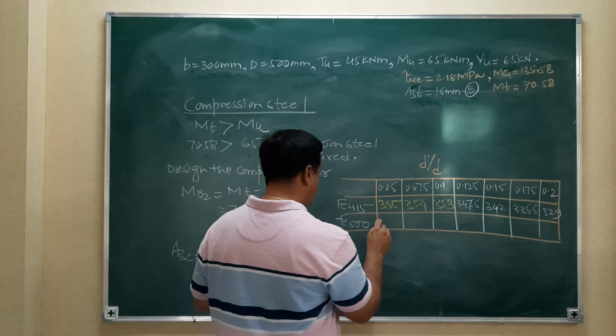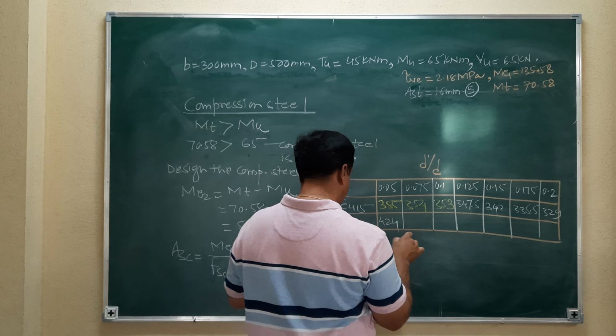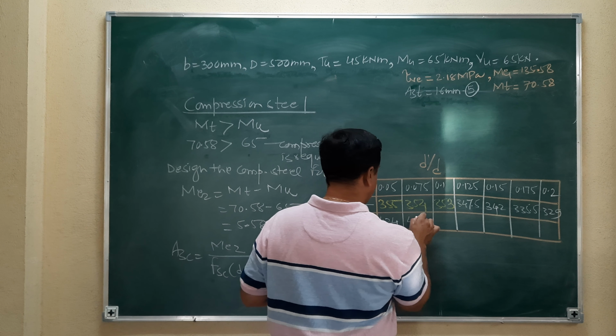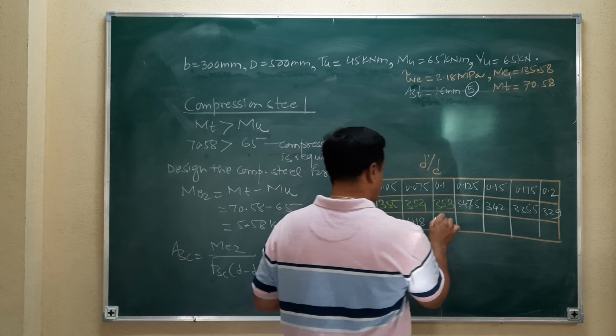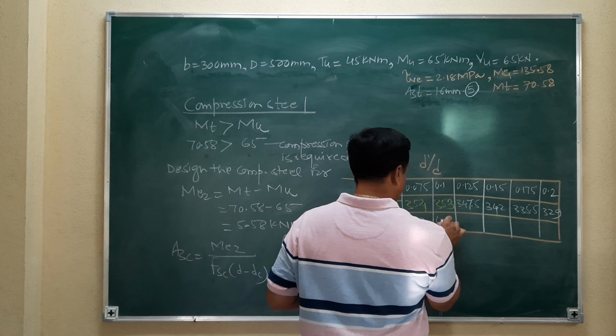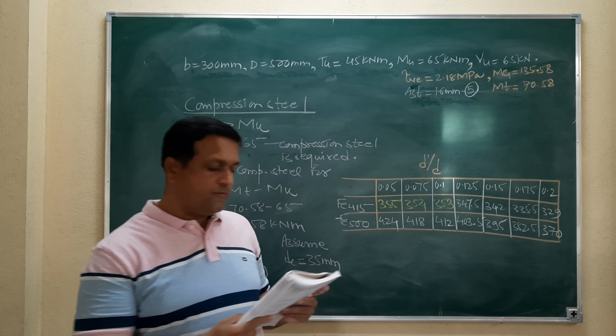And for Fe 500: 424, 418, 412, 403.5, 395, 382.5, and 370. Please refer to these values for your further steps.